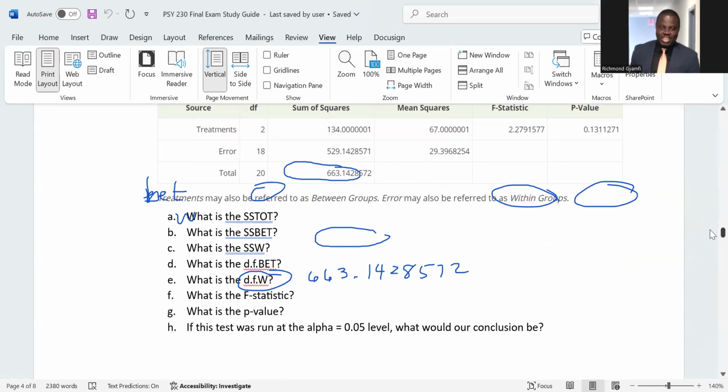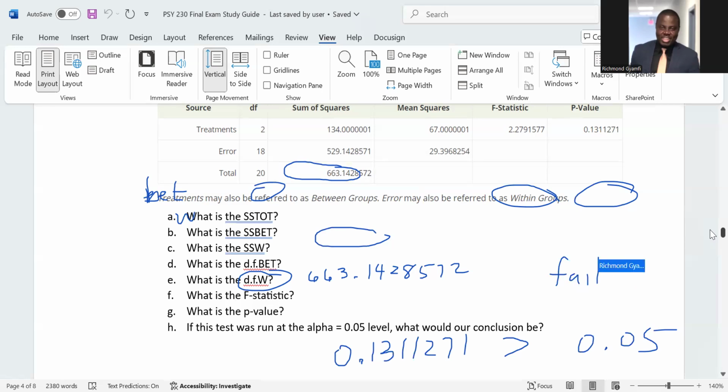Our p-value is 0.1311271, and our alpha is 0.05. You can see that the p-value is greater than alpha. When the p-value is greater than alpha, we fail to reject H0.